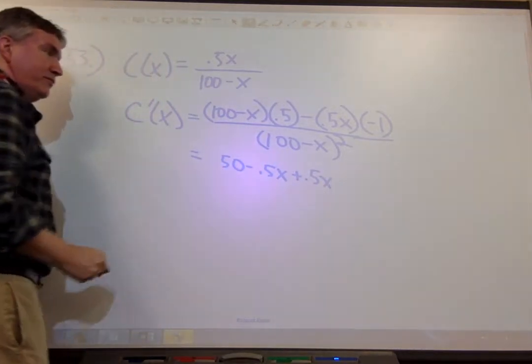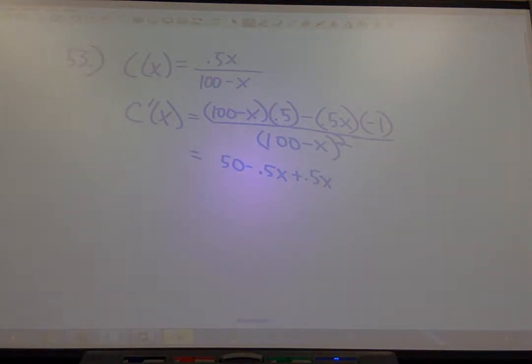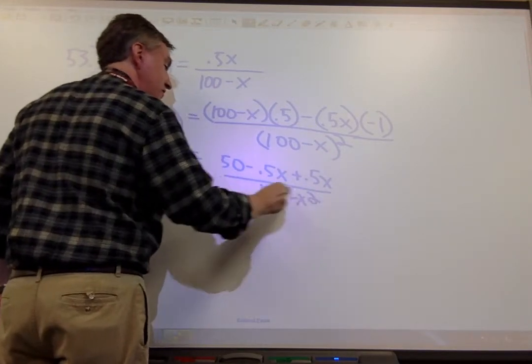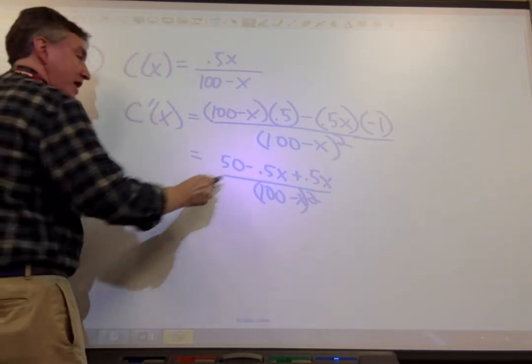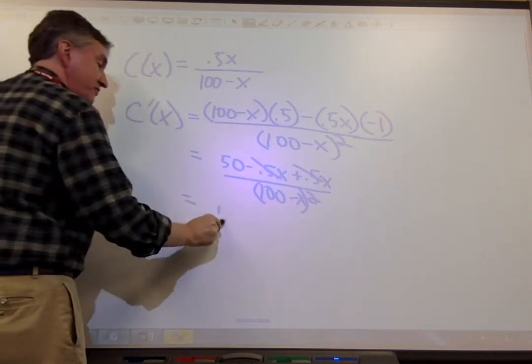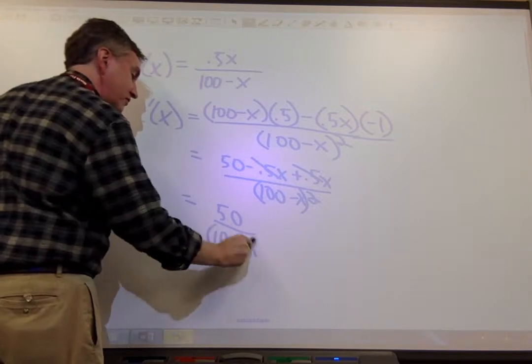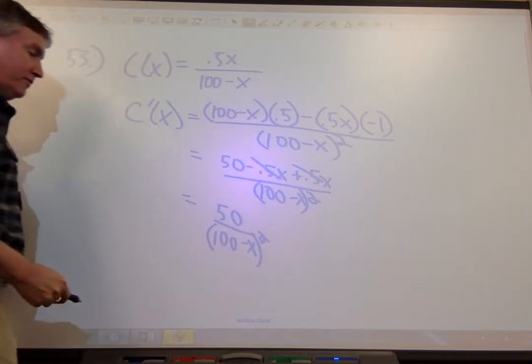The derivative of the numerator is 0.5, right? Well, in my head yes, but in the calculator no. That explains why I messed up. Over 100 minus x squared. Those subtract out, and you get 50 over 100 minus x squared.